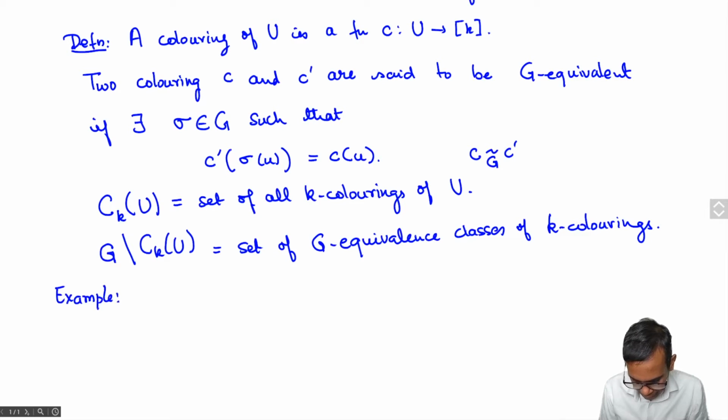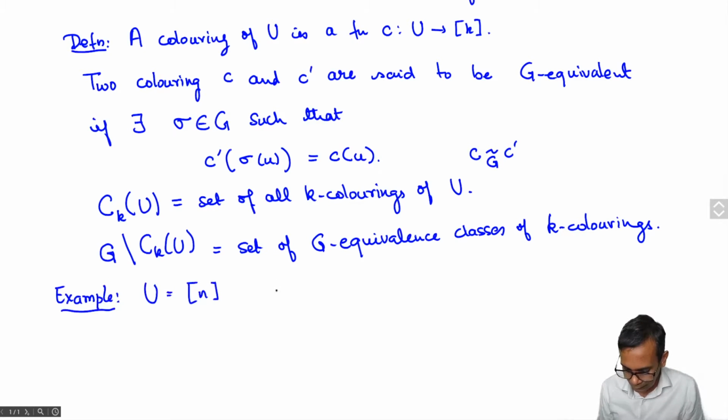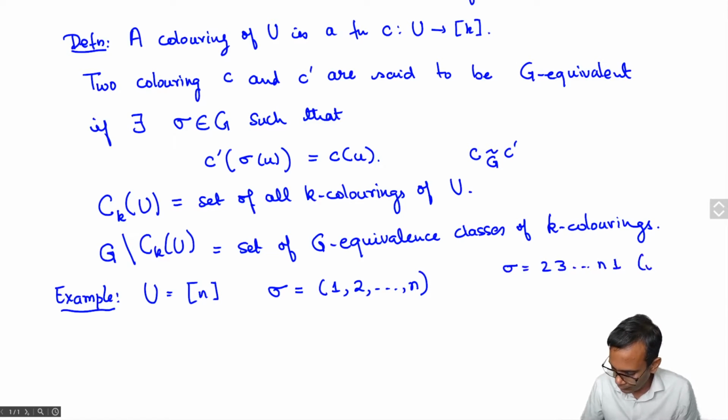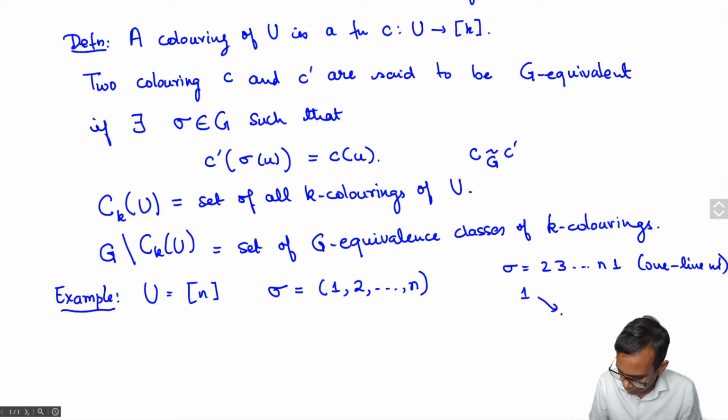Let's take U to be the set of integers from 1 to n, and let's take sigma to be the permutation which is just an n cycle. So 1 goes to 2, 2 goes to 3, 3 goes to 4, and n goes to 1. In one line notation it is given by 2, 3, ..., n, 1, and its directed graph looks like this: 1 goes to 2, goes to 3, goes to ... goes to n minus 1, goes to n, goes to 1.